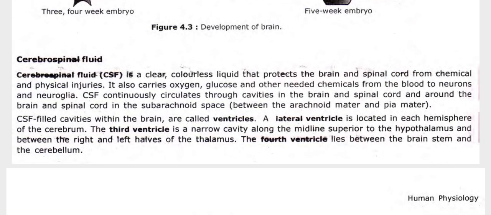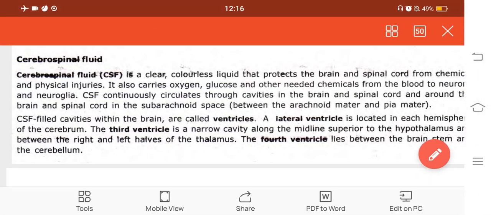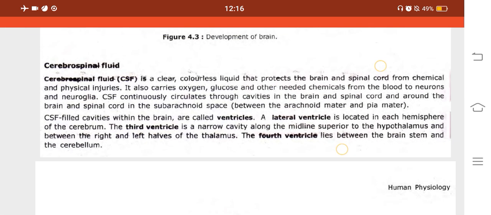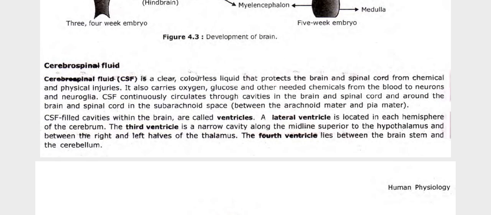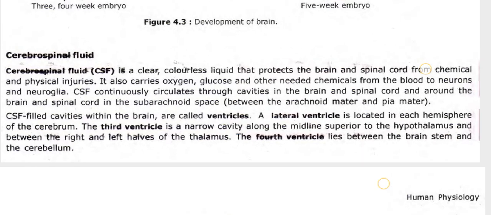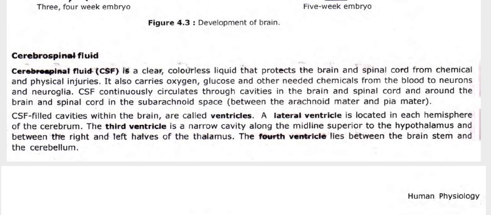Cerebrospinal fluid, or CSF, is a clear, colorless liquid that protects the brain and spinal cord from chemical and physical injuries. It also carries oxygen, glucose, and other needed chemicals from the blood to neurons and neuroglia.